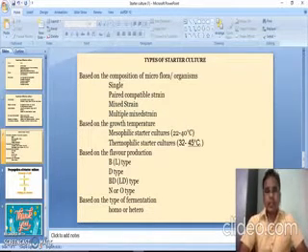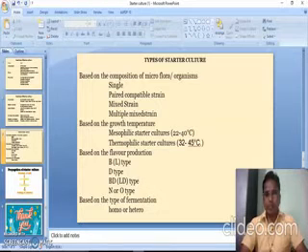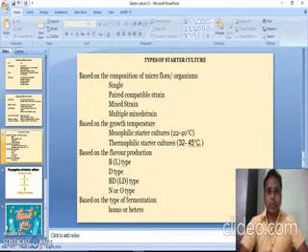The starter culture is classified on the basis of the composition of the microorganisms, that is whether that is the single or the paired or the mixed or the multiple, or based on the growth temperature, that is the mesophilic starter culture or thermophilic starter culture, or based on the flavor production, whether they produce the flavor or not flavor, based on the type of the fermentations.